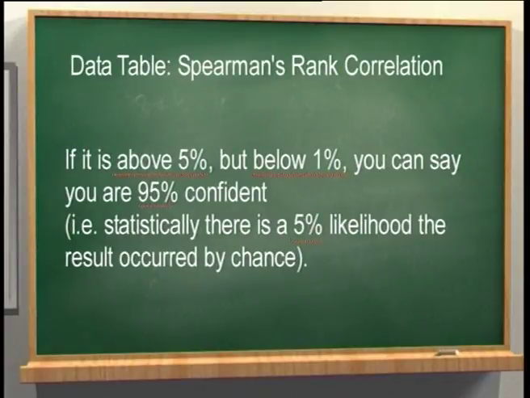That is, statistically, there is a 5% likelihood the result occurred by chance. In the example, the value 0.73 gives a significance level of slightly less than 5%. That means that the probability of the relationship you have found being a chance event is about 5 in 100. You are 95% certain that your hypothesis is correct.